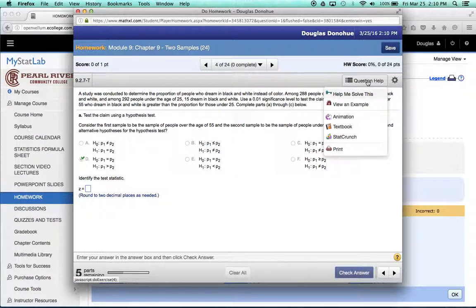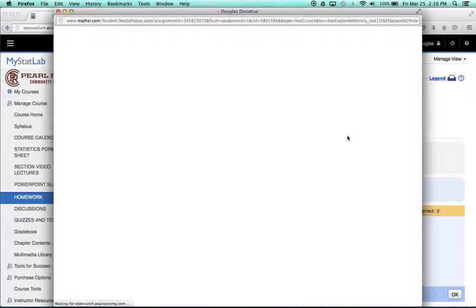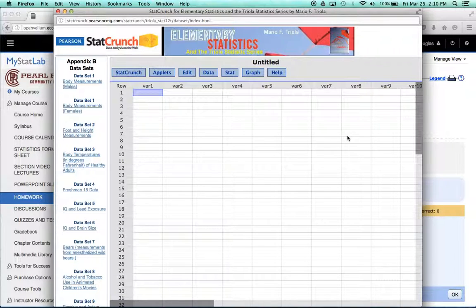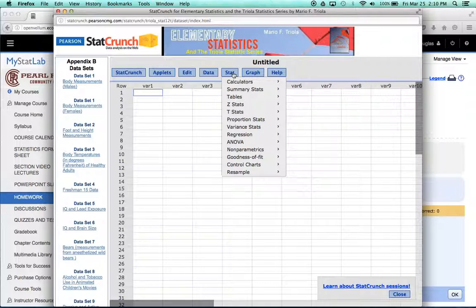So I'm going to click on question help, StatCrunch. I'll let it open. Then we'll go to Stat. We're doing proportions, so I'm going to go to proportion stats. And I have 2 populations, so I'm going to go to 2 sample.